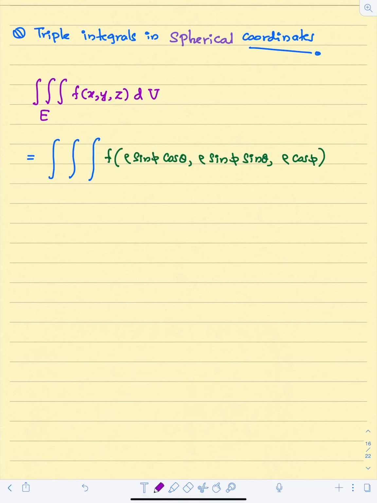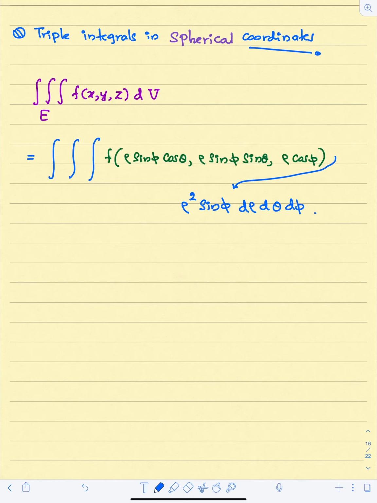And then here's the interesting part. We want to express the volume element dV in the spherical coordinate system. In the spherical coordinate system, this volume element dV becomes, I don't have enough space here, so I'm going to write it here, rho squared sine phi d rho d theta d phi.